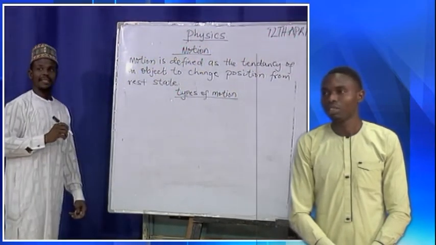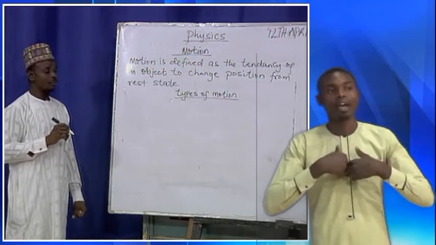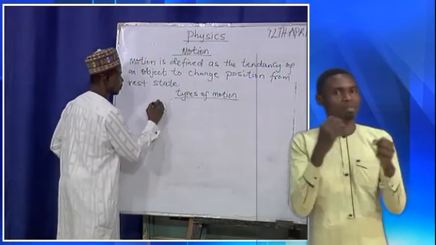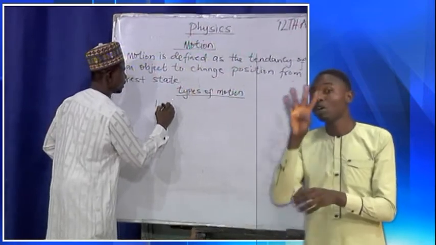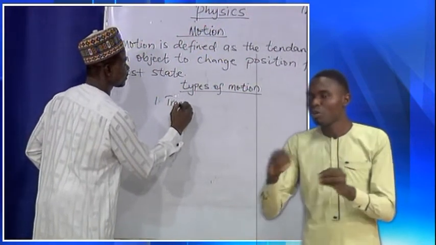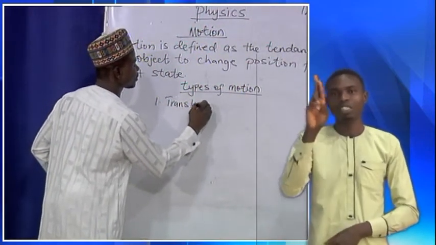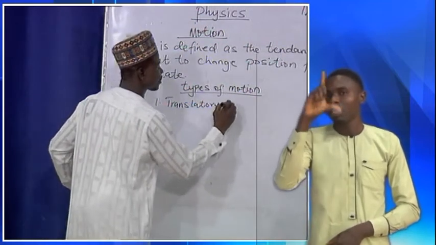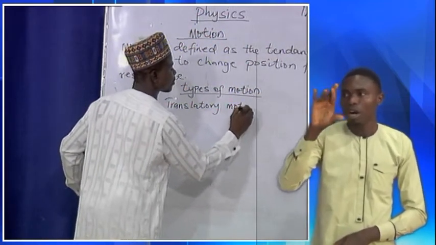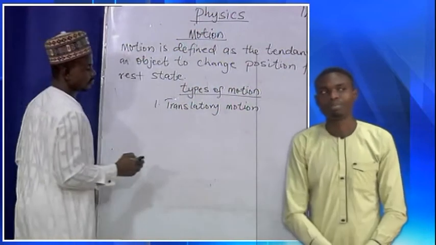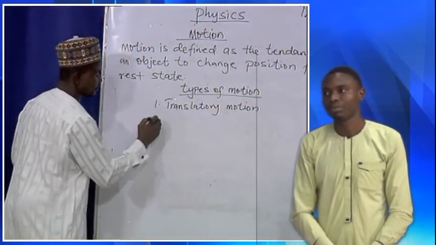We have basically 4 types of motion. Number 1 is translatory motion.